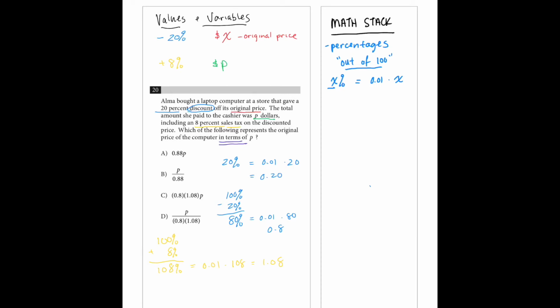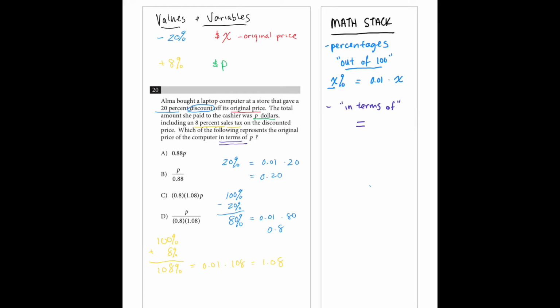The second part of our math stack today is the definition of in terms of. In terms of comes up on the SAT in word problems and also in difficult algebra problems where you have to isolate certain variables. For our intents and purposes, we're going to interpret in terms of as an equal sign.